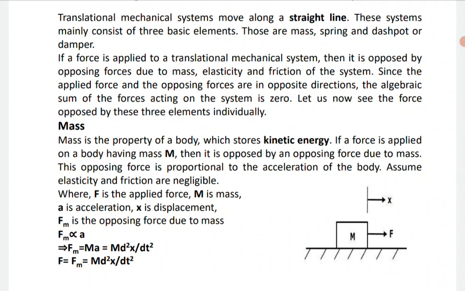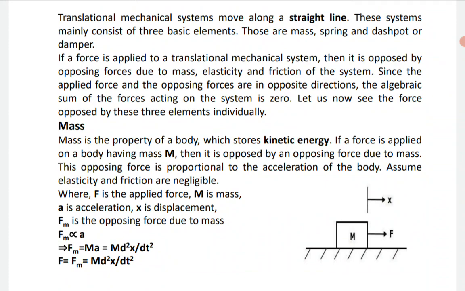If a force is applied on a body having mass m, then it is opposed by an opposing force due to mass. This opposing force is proportional to the acceleration of the body. Obviously it comes from Newton's second law. Assume elasticity and friction are negligible, where F is the applied force, m is mass, a is acceleration, x is displacement, and F suffix m is the opposing force due to mass.